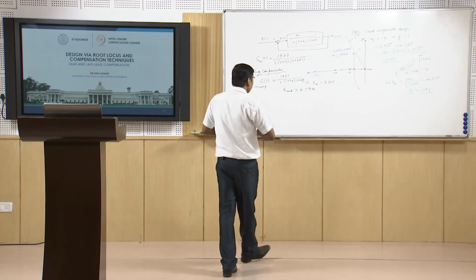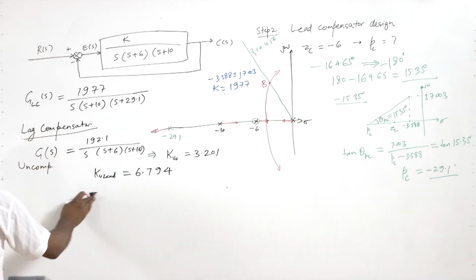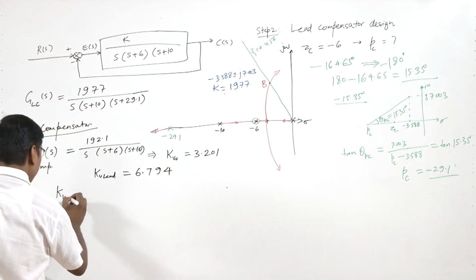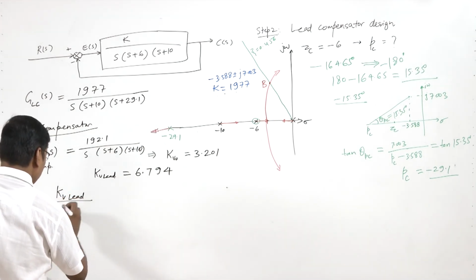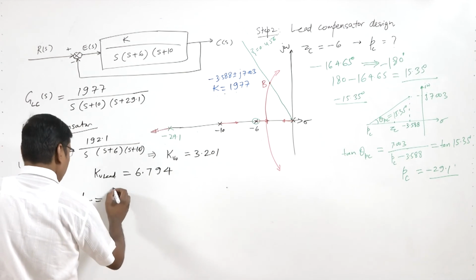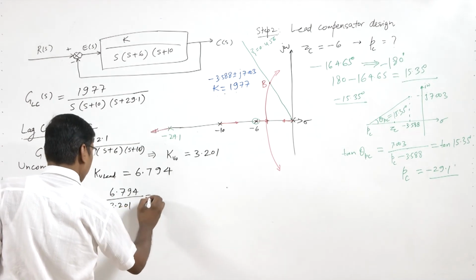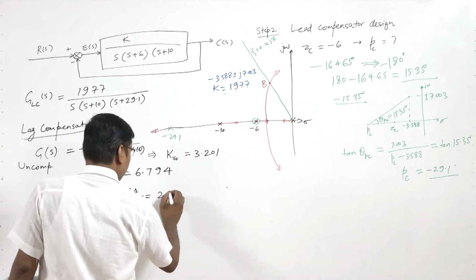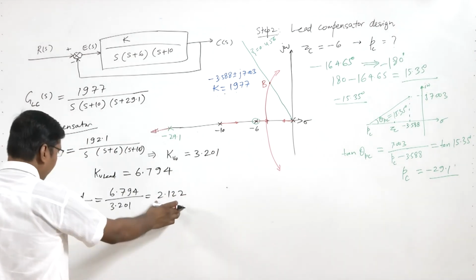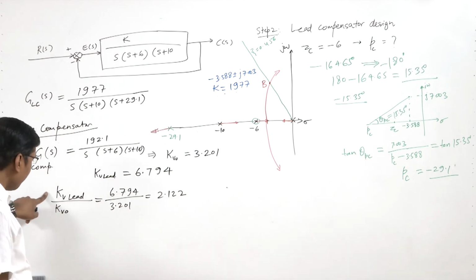So now we see that KV lead compensated by KV0 equal to 6.794 by 3.201. So we get it 2.122. And this ratio is the ratio of the steady state error also.